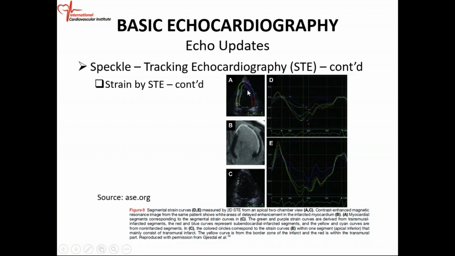So when they look at it, the abnormality was in this distribution, and this patient went on to have an MRI, and the MRI also showed that there is an infarct in the same distribution.